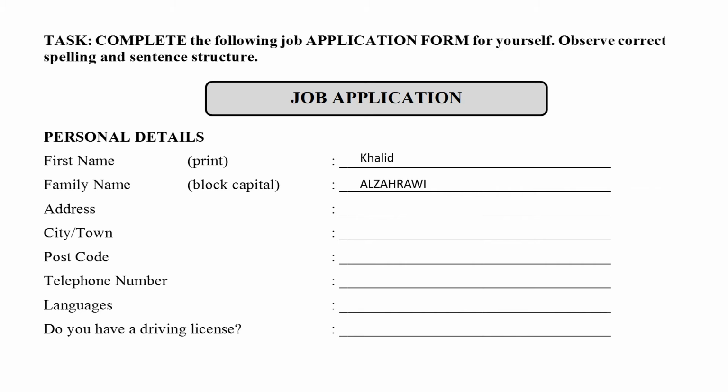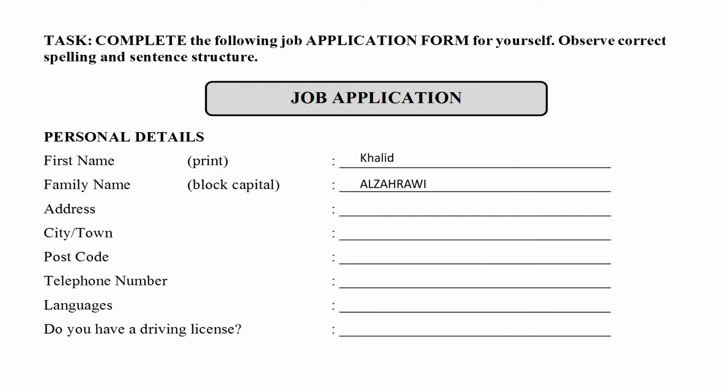Now here you have to notice something. Between the two brackets here, you will see that there are two words, print and block capital. Print means that the first letter of the name should be capitalized. Only the first letter.